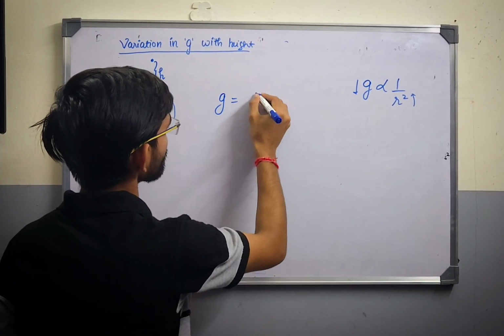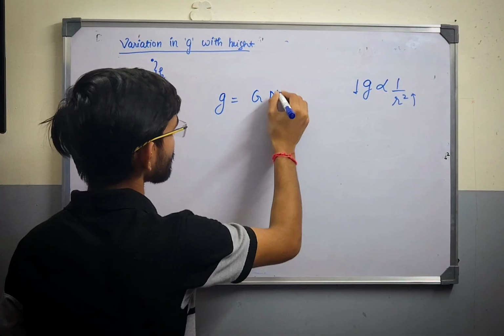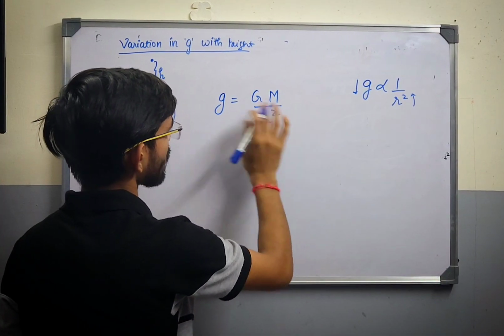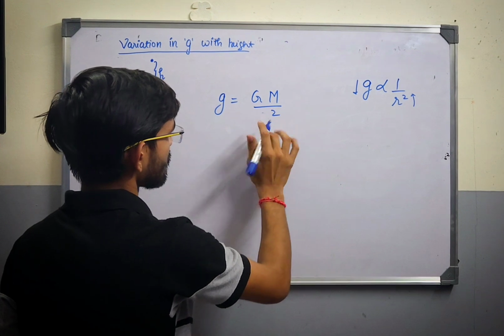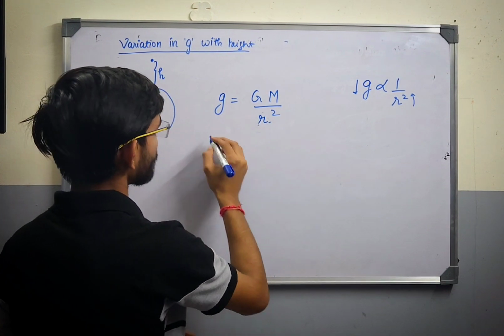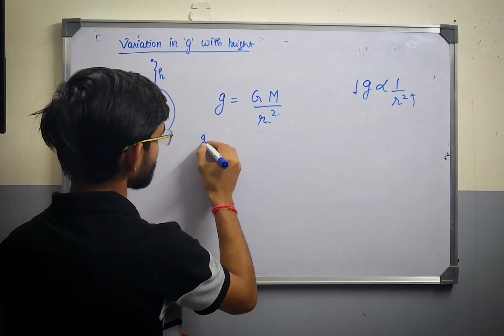g equal to capital G m, mass of Earth, upon r square. This is the formula for acceleration due to gravity at the surface of Earth, and this is the radius of Earth. We have to find acceleration due to gravity.